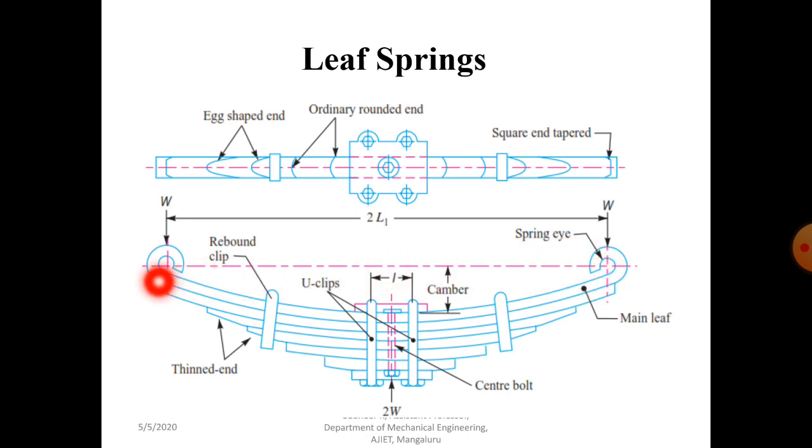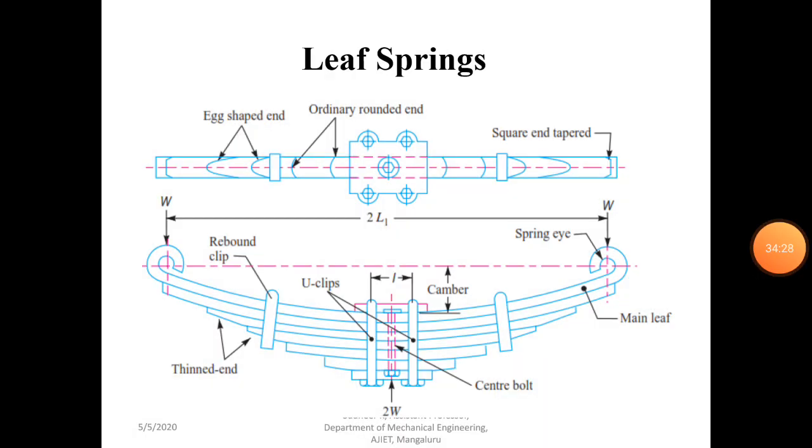You can see here, it is bent like this. That is the master leaf. Two bolts are inserted into these eyes to fix the leaf spring to the automobile body. This will be used to fix the leaf spring to the automobile or vehicle.